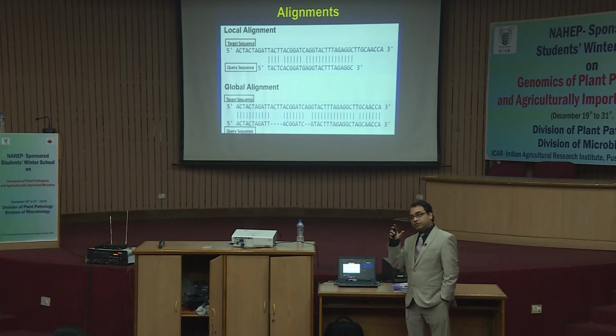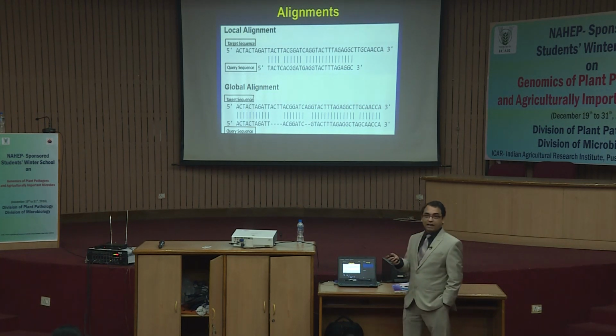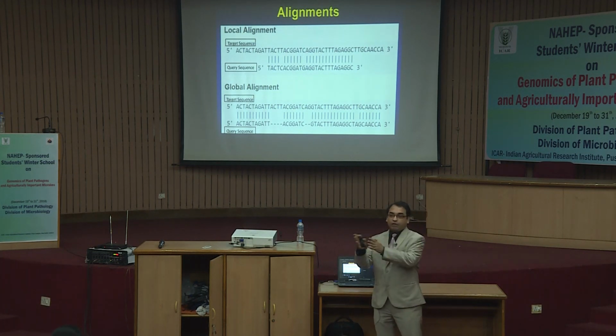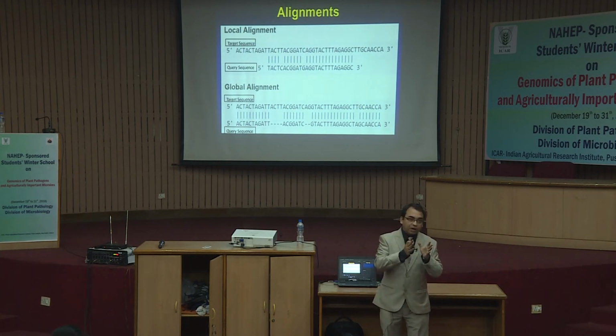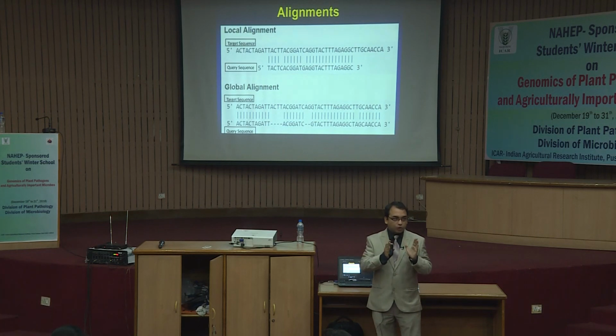In that case this is called local alignment. So, local alignment tries to find out the stretches of sequence which are showing more similarity or identity. The stretches where mismatch is more, it will not show. It will only show the region where it shares much more similarity or identity.